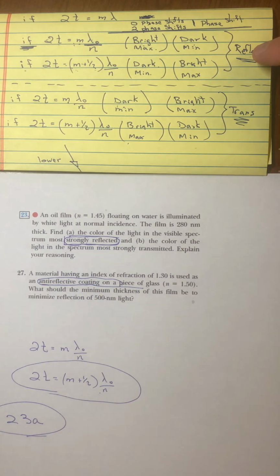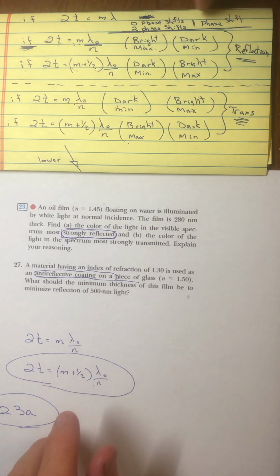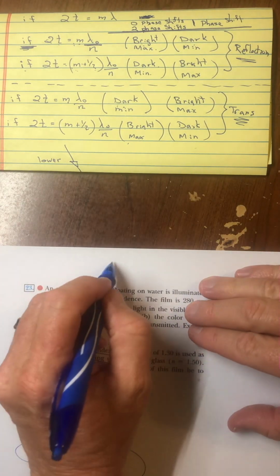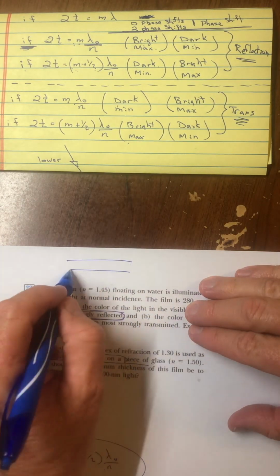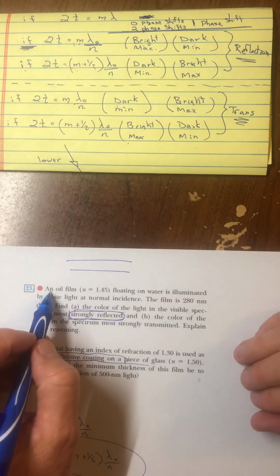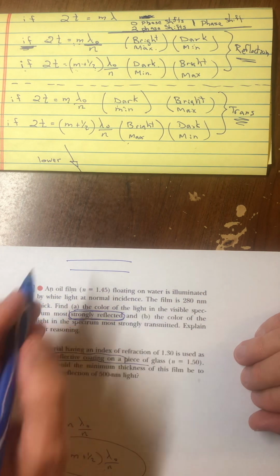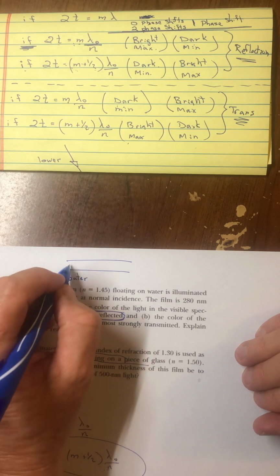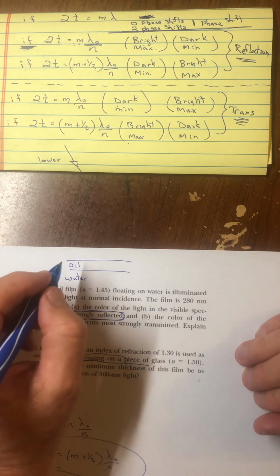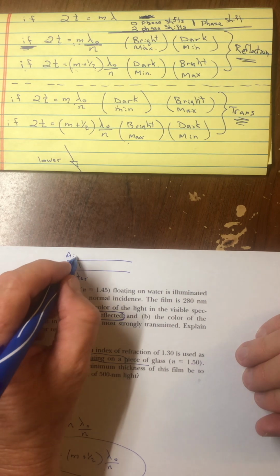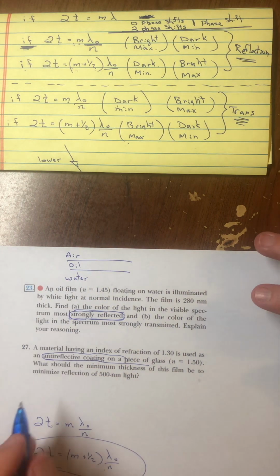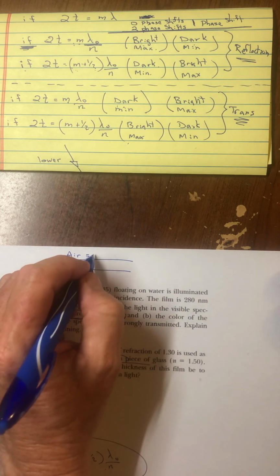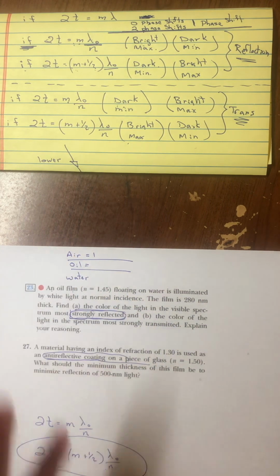Okay, now the next one is, how many phase changes do I have? Well, here's where maybe I need to draw it here. Well, this will be my thin film. But the oil is floating on water. So down here would be my water. The thin layer is going to be my oil. And then I'll have air above it. So some numbers to work with. The index for air is 1. Oil can vary a lot.